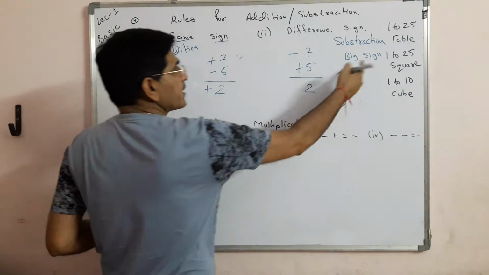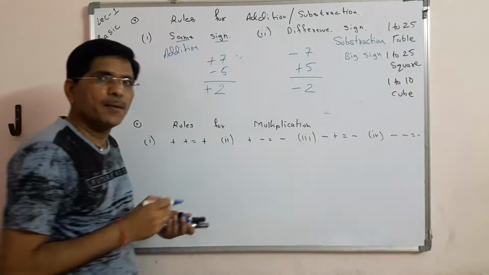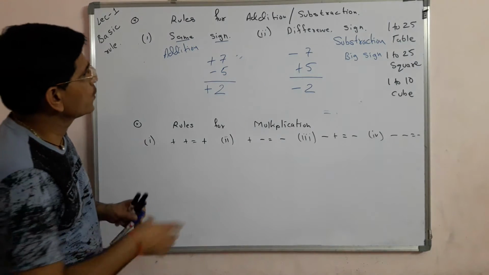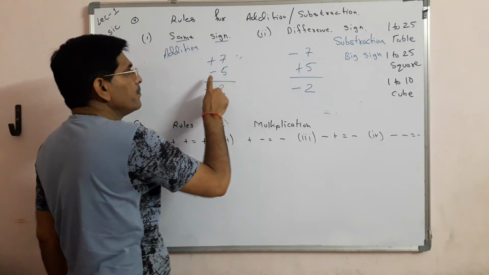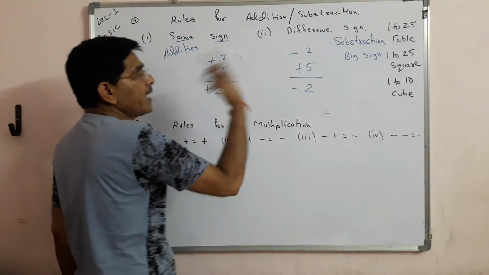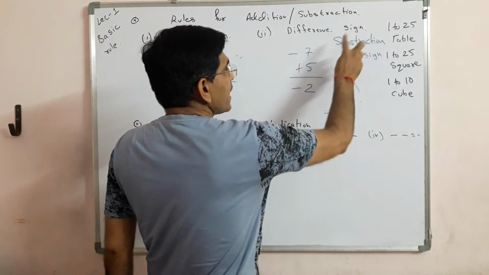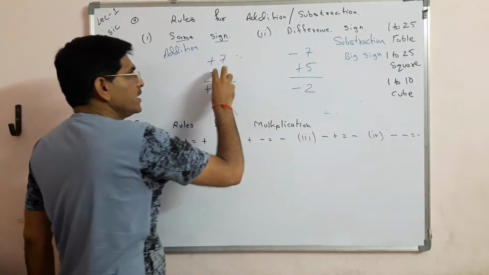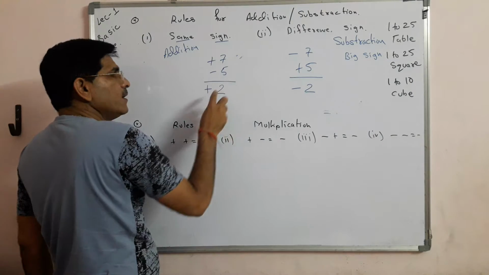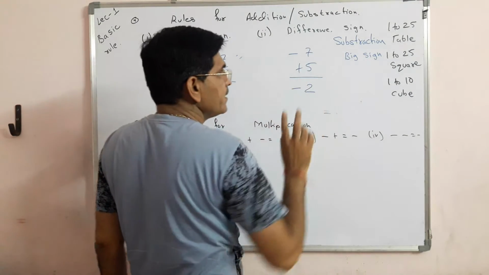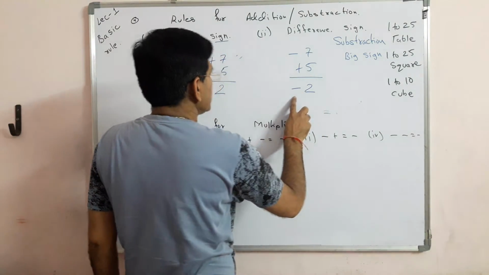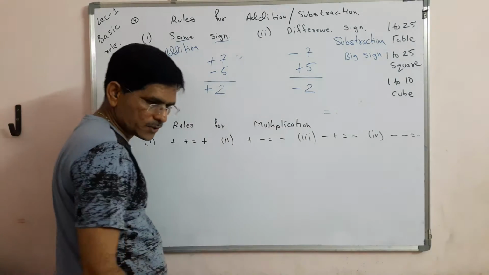What do you have to write? Big sign, that is minus. So you will imagine that plus 7 minus 5, that is plus 2. Why do we have to do this? Again different sign, subtraction, and the big term's sign. Here minus 2, here plus 2.